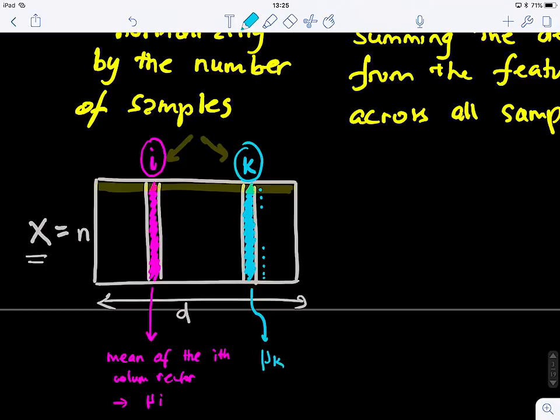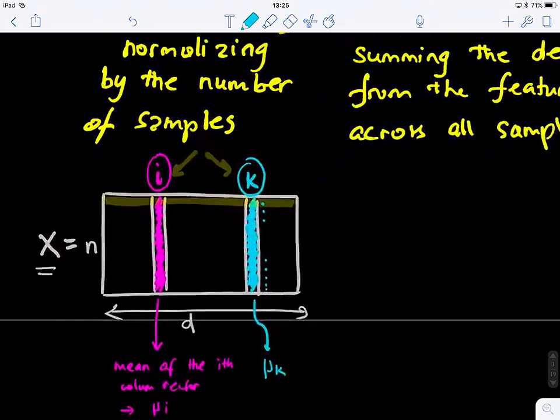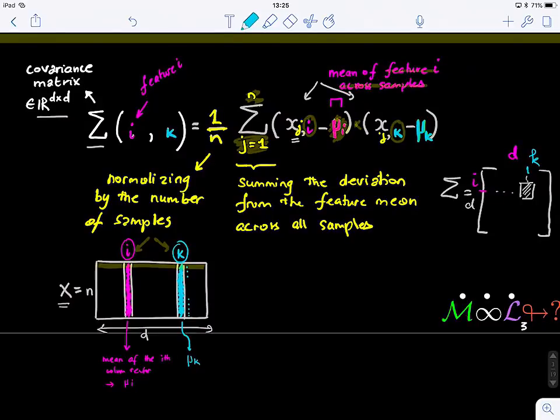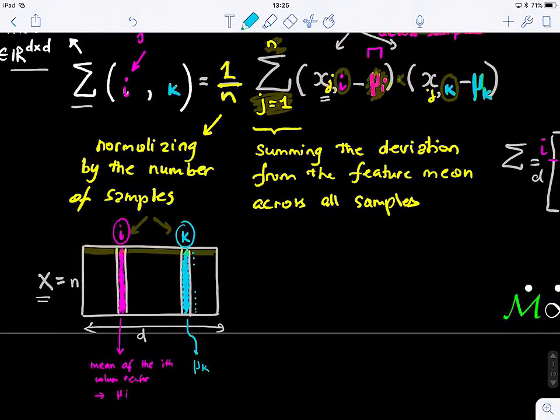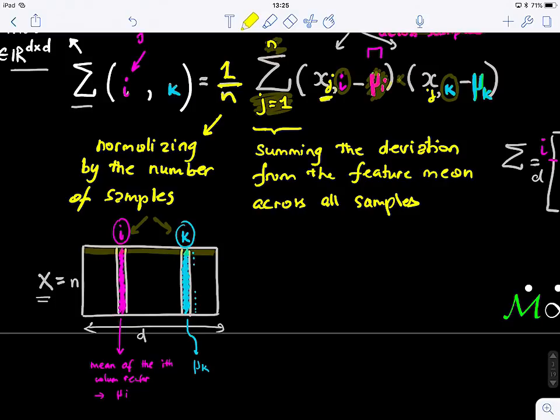Okay? Now, what we need to do next is quite simple. Let's look at this formula. We take each element here. For example, we take the jth sample.